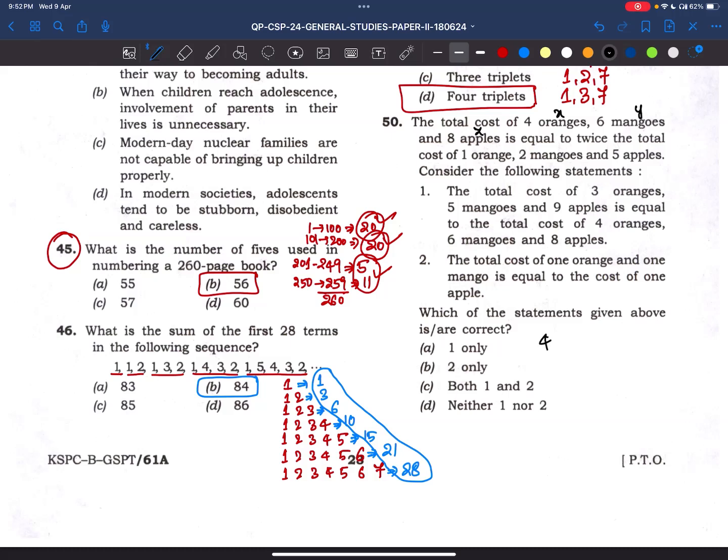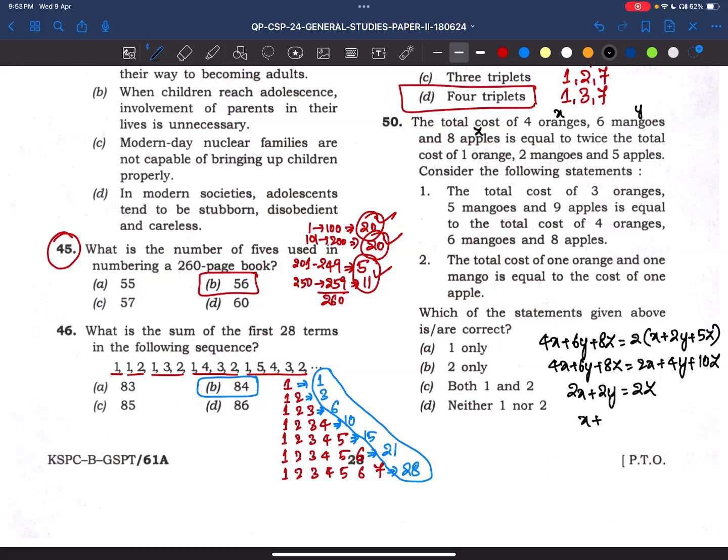It's telling 4x plus 6y plus 8z is equal to 2 times of 1 orange, 2 mangoes and 5 apples. That's all. 4x plus 6y plus 8z is equal to 2x plus 4y plus 10z. By rearranging, 2x plus 2y is equal to 2z.